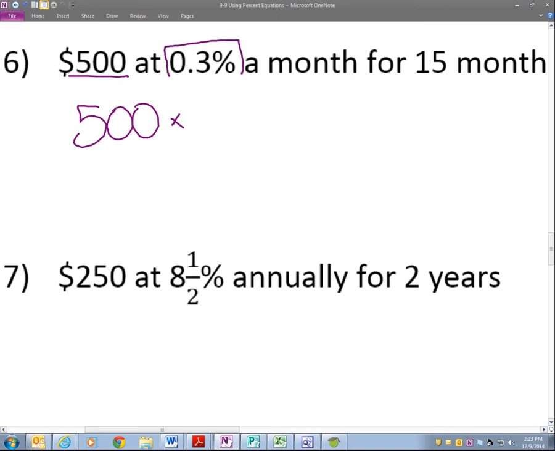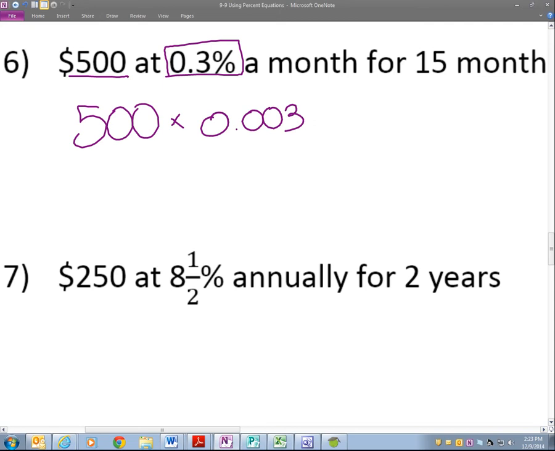Now, this is the part that a lot of people had questions about. When I have 0.3%, if I want to demonstrate that as being a decimal, there's two ways of writing this. I could do 0.3 over 100, or I could just have 0.003.